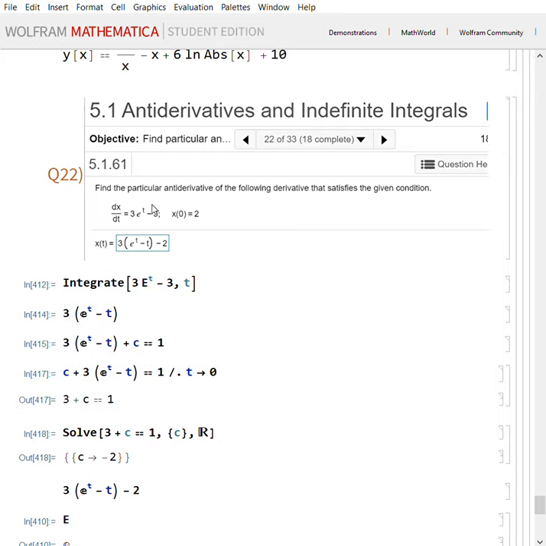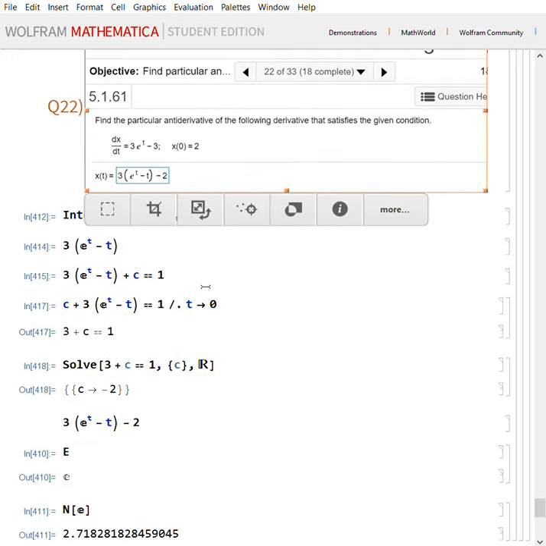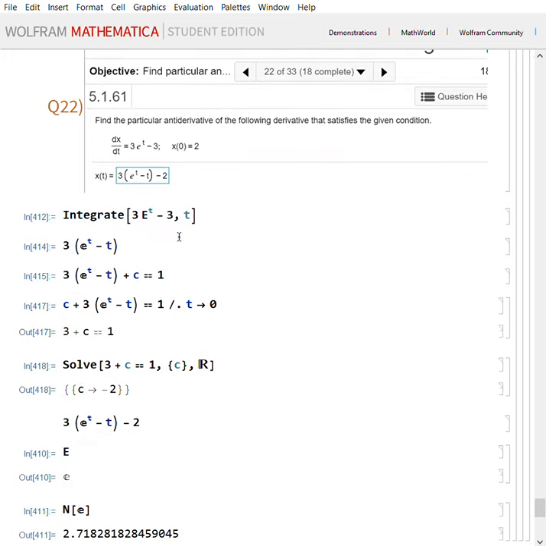This is the one I have. So 3e to the t minus 3 is correct, and everything's correct except that it equals 2, not 1.